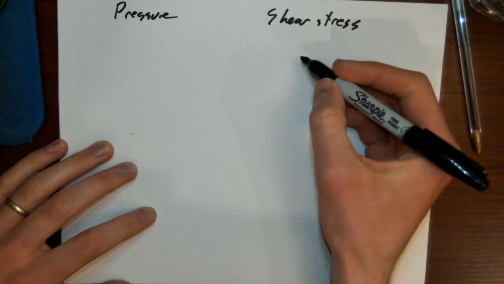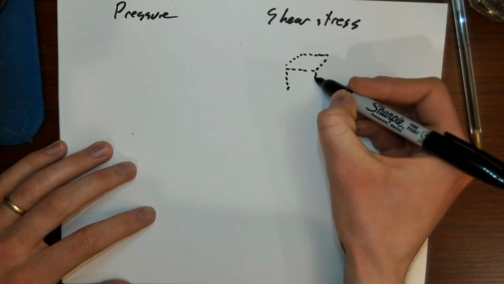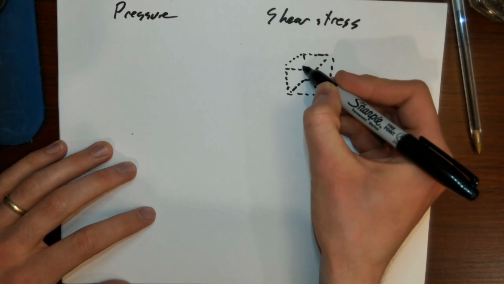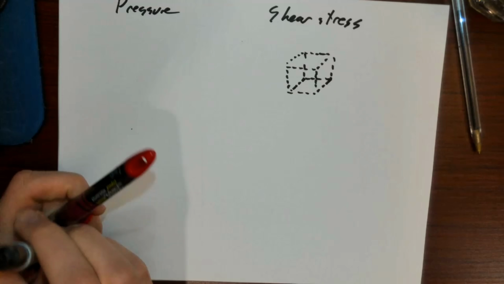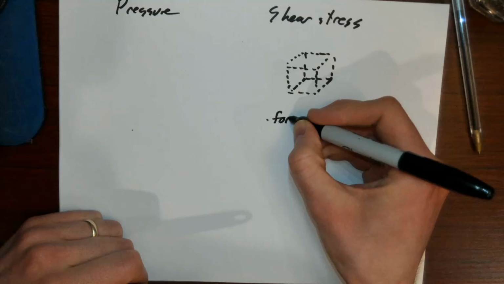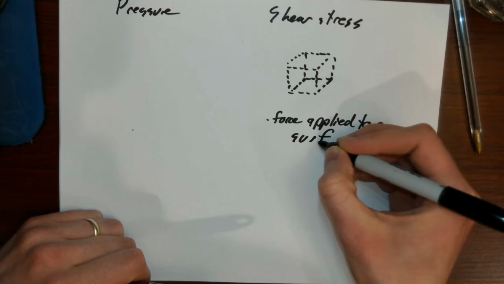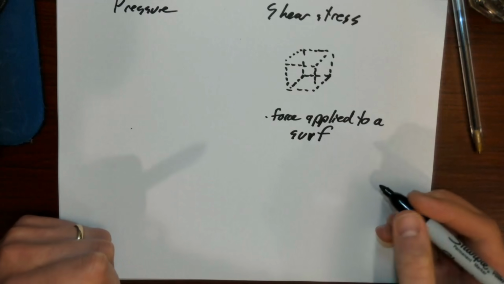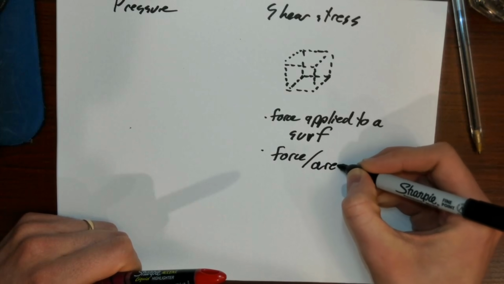So when we talked about shear stress in previous lectures, we oftentimes imagined a chunk of fluid, and we basically said, hey, shear stress is a force applied to a surface, and it has units of force per area.